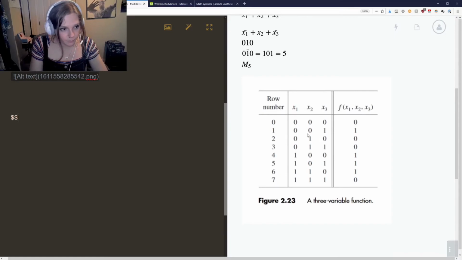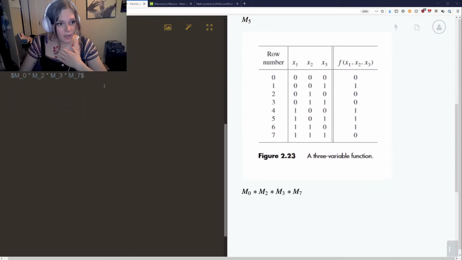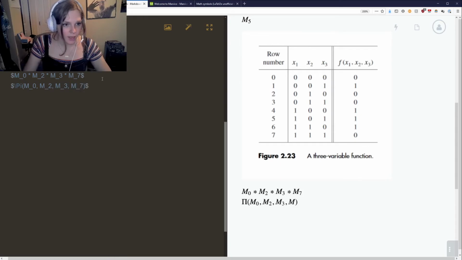So what does that look like here? That means we have M0 and M2 and M3 and M7. Right? That is our equation here. And the way that you will see this represented is by this value. So we'll have this big uppercase pi of M0, M2, M3, and M7.